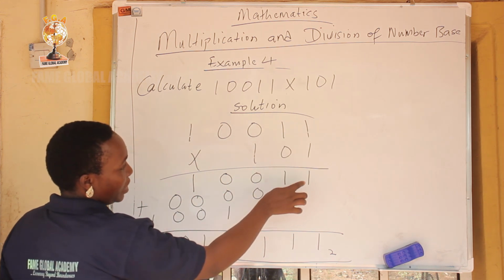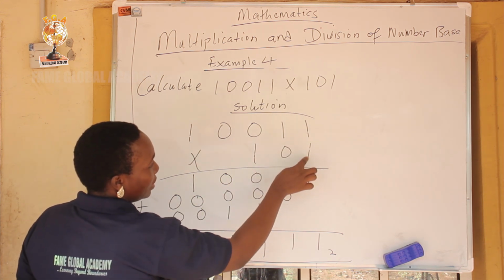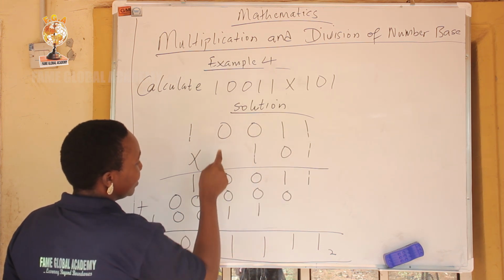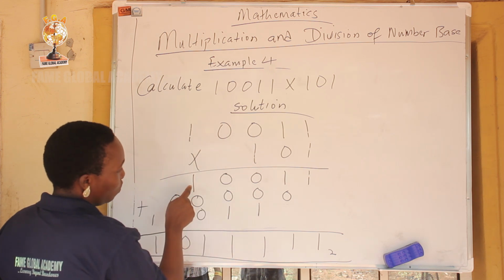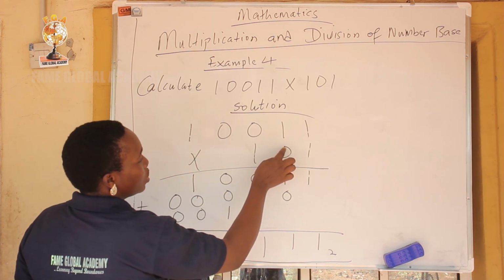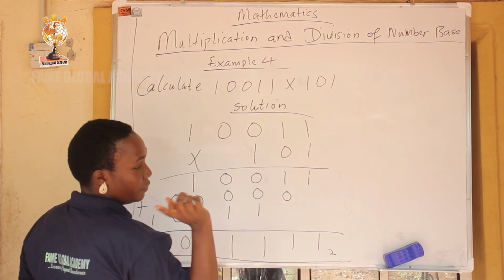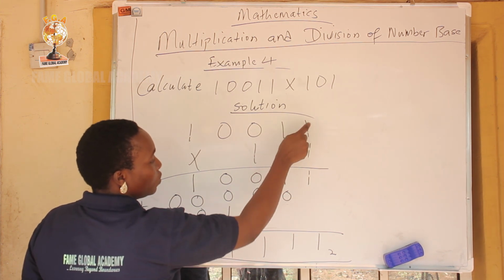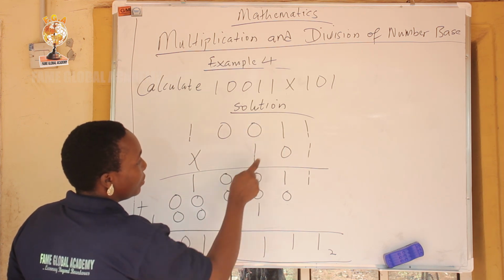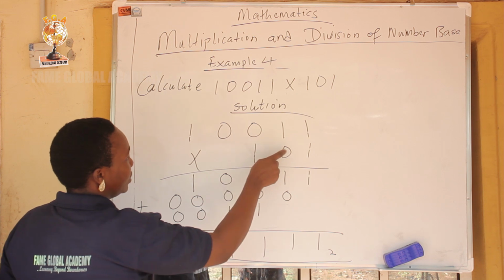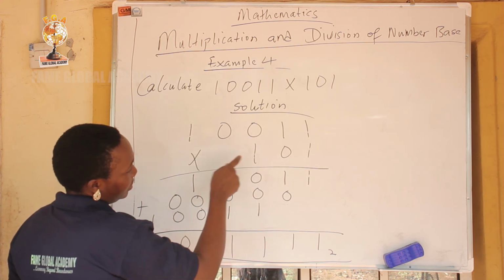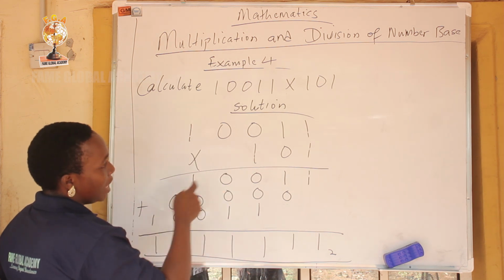And that's what we have here. 1 times 1 is 1, 1 times 1, 1, 1 times 0, 0, 1 times 0, 0, 1 times 1, 1. So we are done with this one. Then using the 0, start your answer under the 0. Don't forget that. So 0 times 1, 0, 0 times 1, 0, 0 times 0, 0, 0 times 0, 0, 0 times 1, sorry, 0. So we are done using the 0.